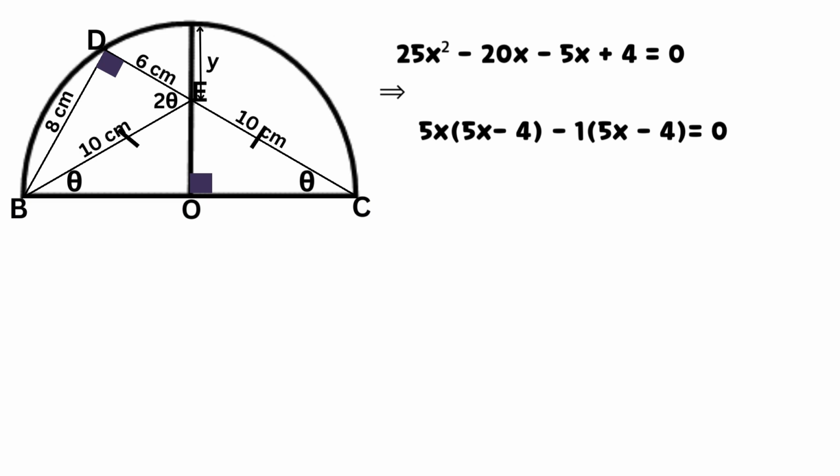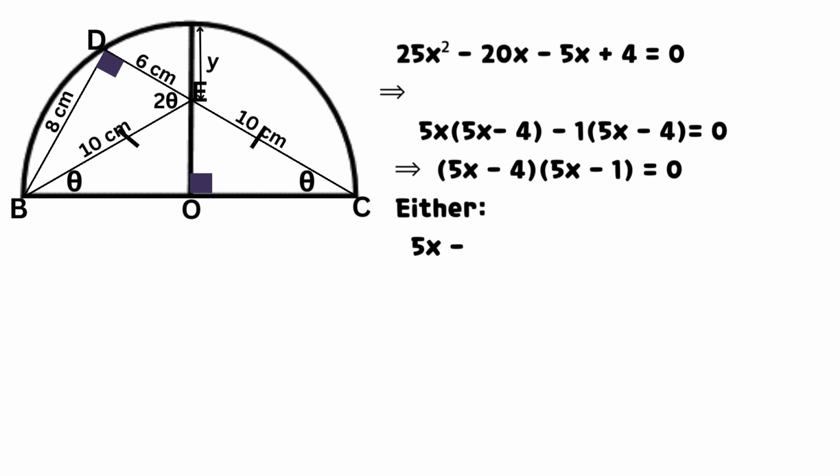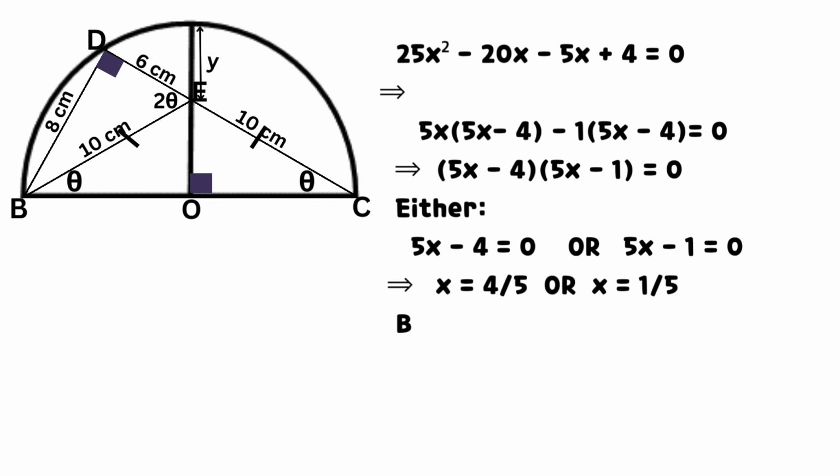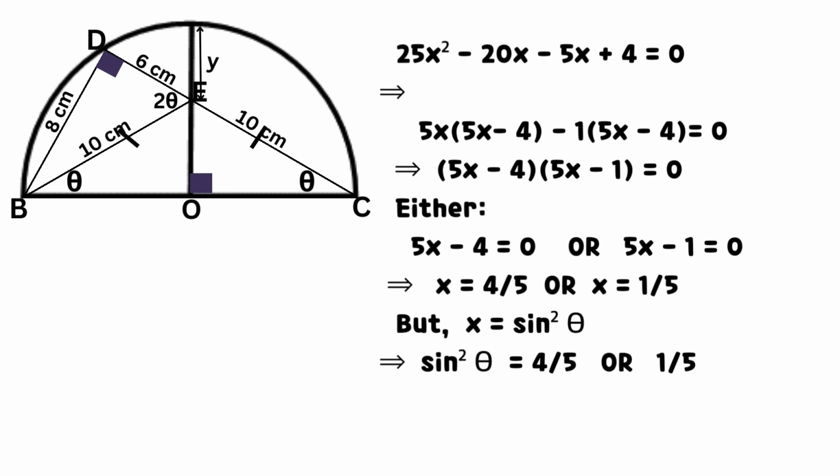We have that 25 times the square of x minus 20 times x minus 5 times x plus 4 equals 0. Hence, the product of 5x minus 4 and 5x minus 1 equals 0.